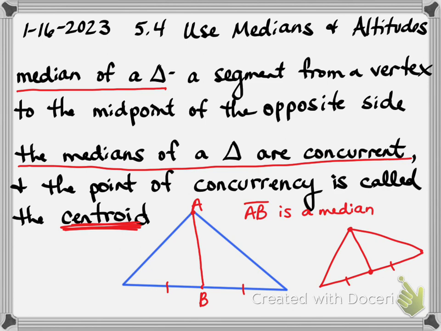For this angle, looks like that's the midpoint, so I'll sketch that median. And for this angle right here, we're going to go to that midpoint, and we'll sketch that median. And if we call that point of concurrency P, we would say P is a centroid. That's our third point of concurrency.